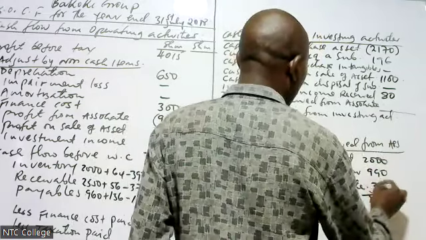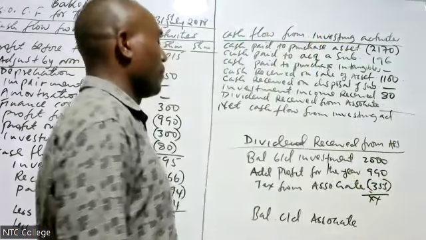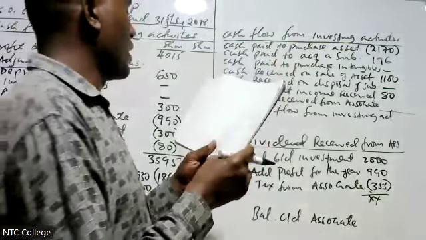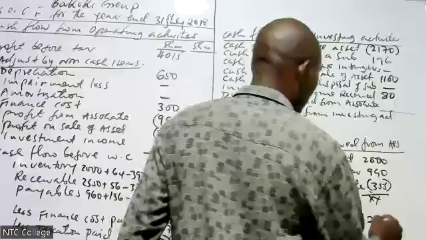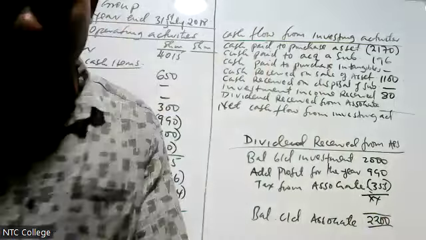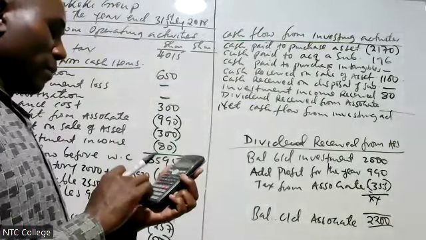Then tax from associate, 355. Then balance carried down from the balance sheet is 2,200. Therefore, let me see if I paid dividend.